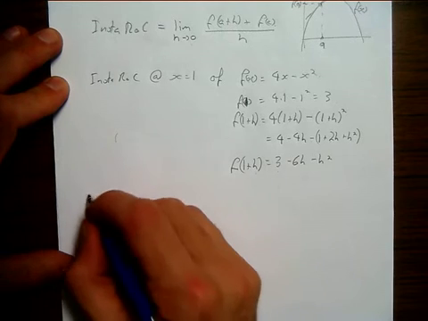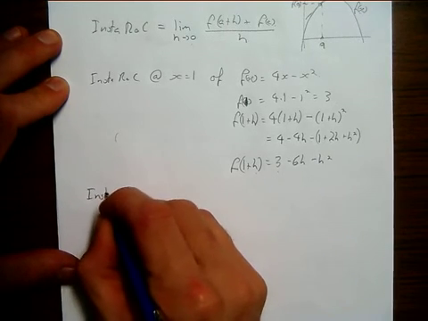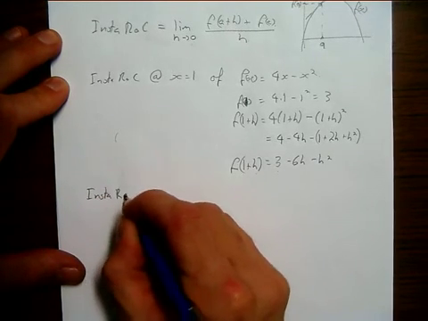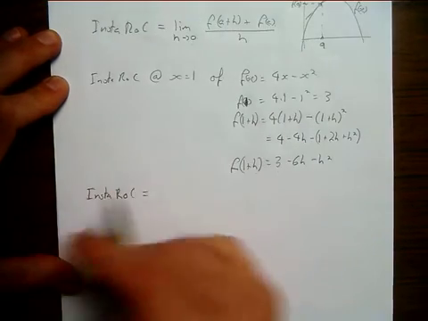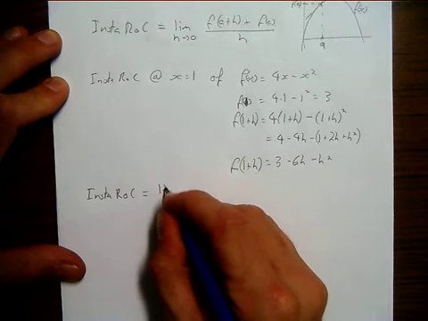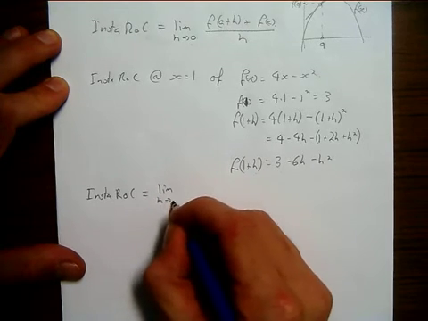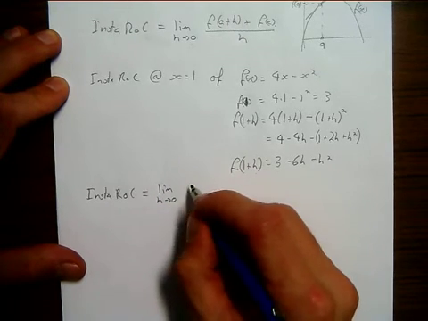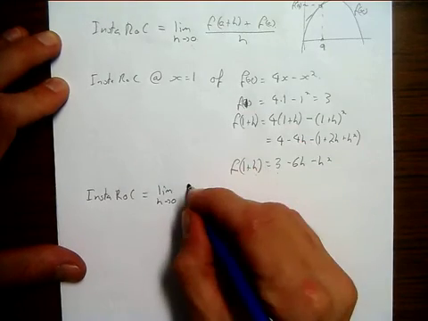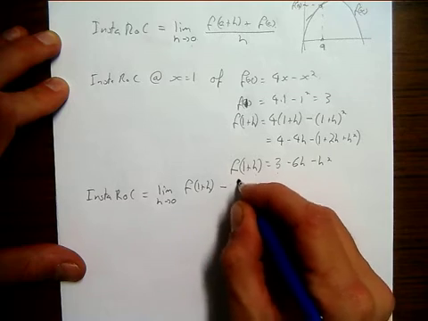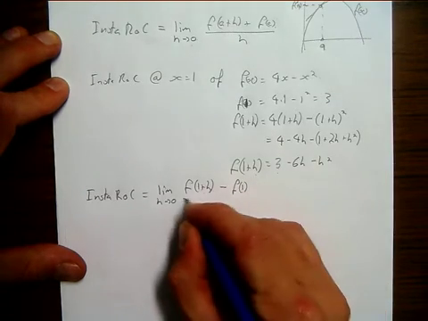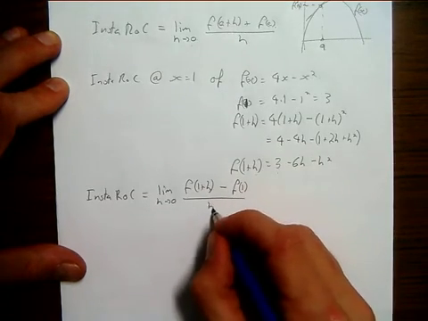So our instantaneous rate of change, I need some shorter way of writing that, is going to be the limit as h approaches 0 of f of 1 plus h minus f of 1 over h.